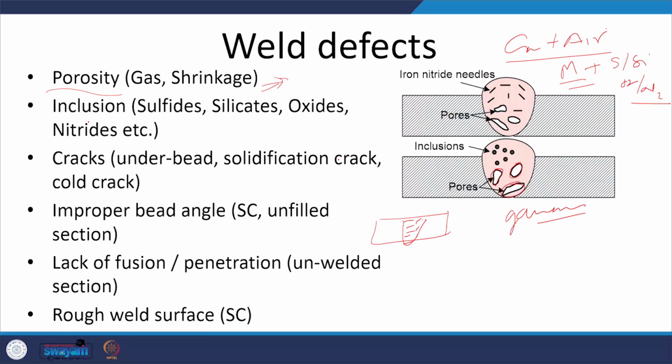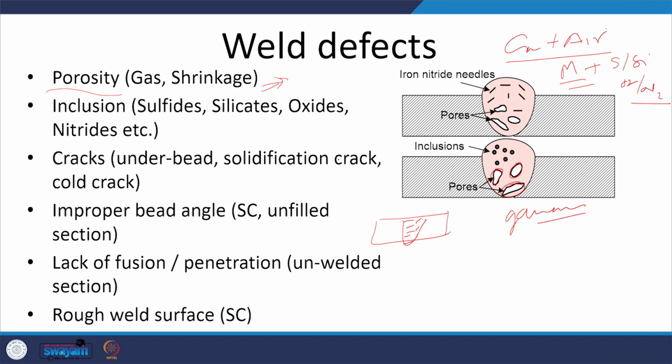The most problematic inclusions are those caused by compounds which have a density similar to that of the metal, and that is why they are well distributed in the weld metal. Whenever these inclusions are there, they break the metallic continuity and also act as a stress raiser.